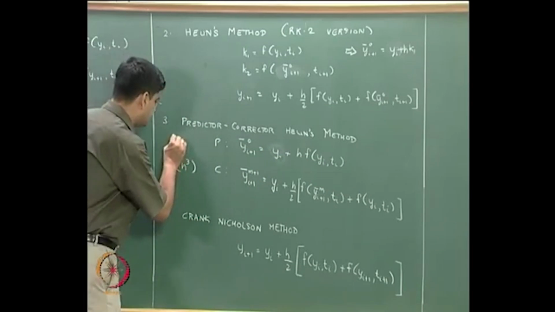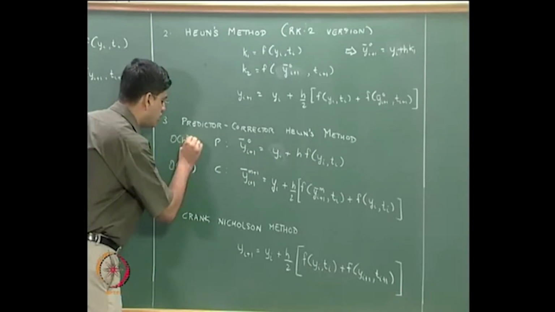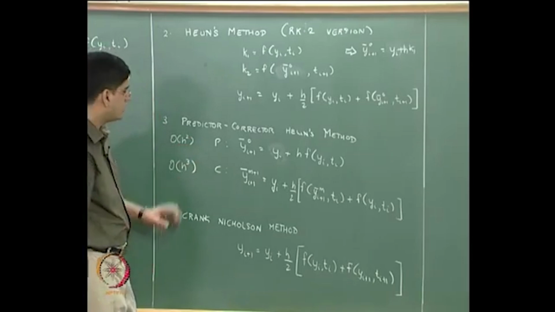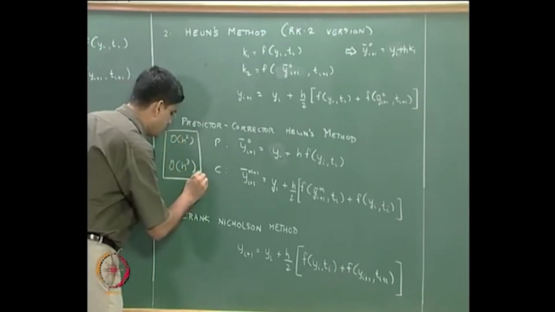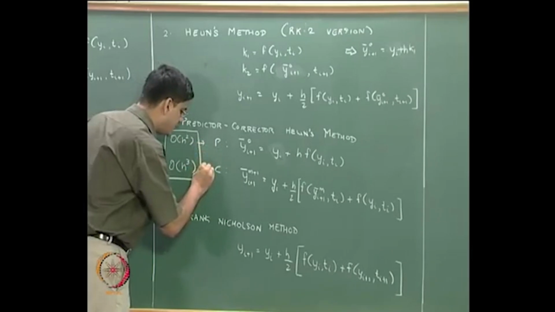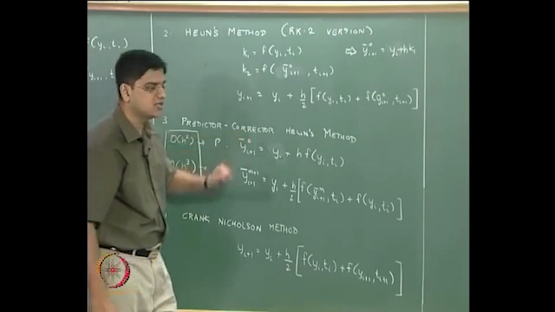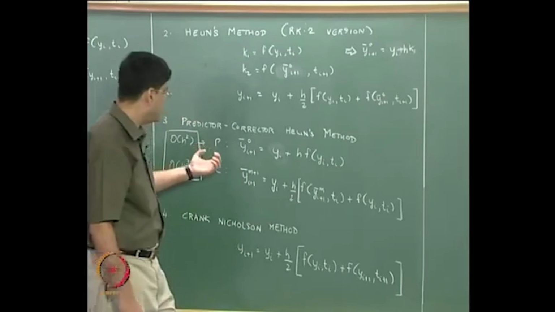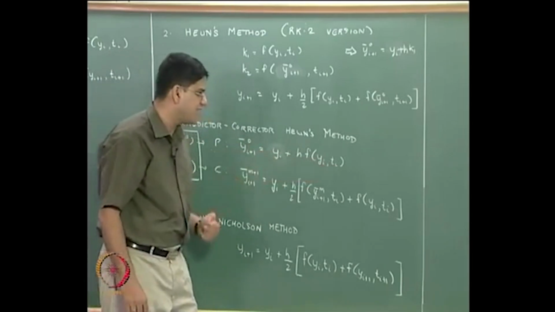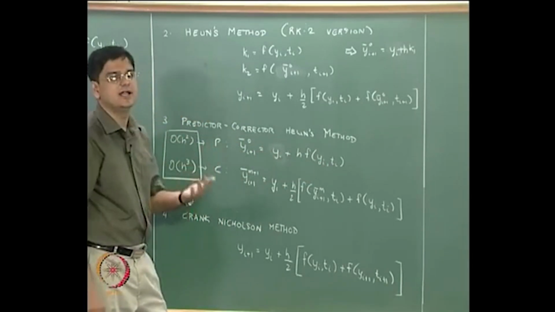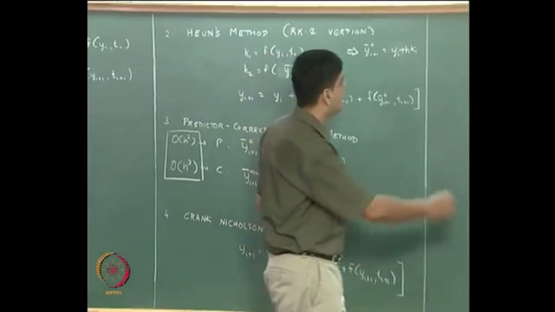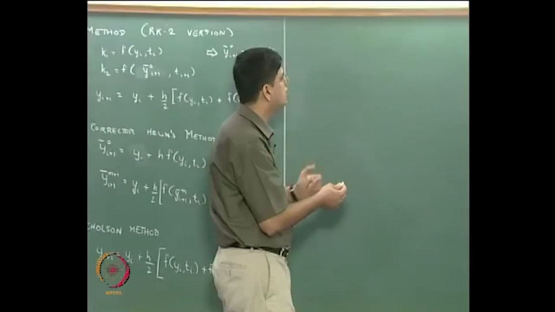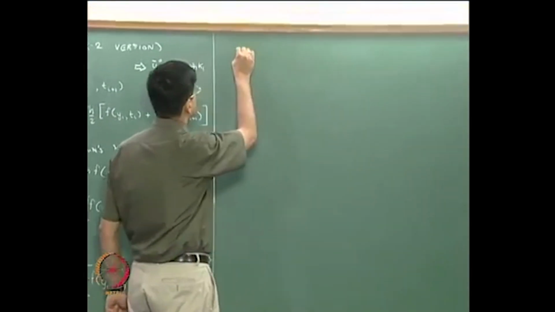Being an explicit Euler's method, this has an order of h square accuracy. Okay. So the question we are trying to ask now is, can we actually do better in the predictor corrector Yuen's method than using an h square accuracy for the predictor? And the answer to that of course is yes, and we will have a more accurate version of the Yuen's method.